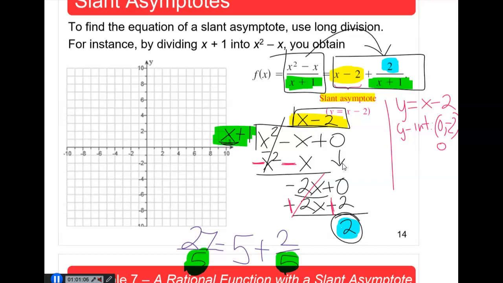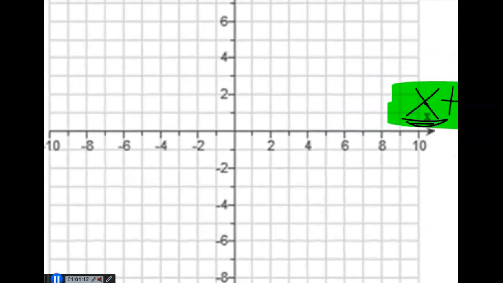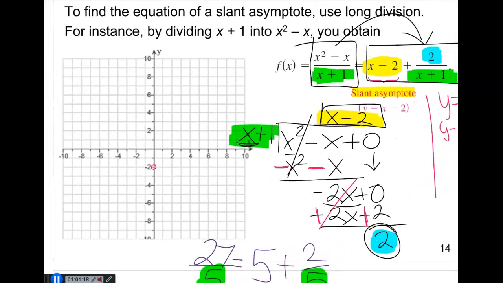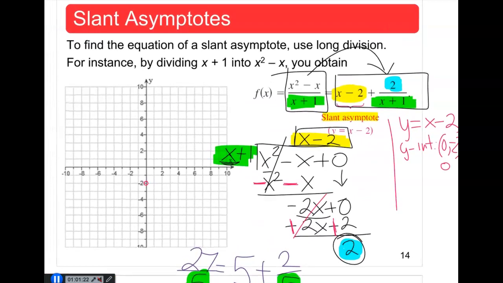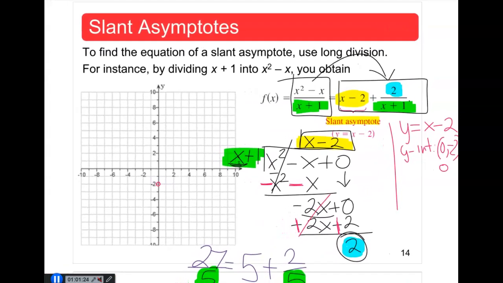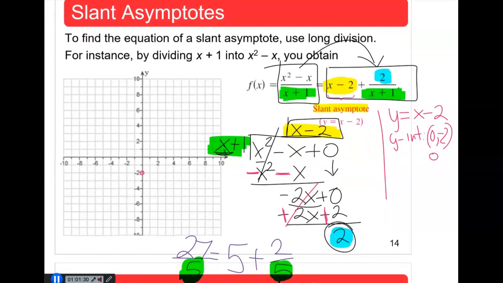So (0, negative 2) will be here, like that. And then the slope of the slant asymptote is equal to 1 because it's the coefficient of the x. So the slope is 1.